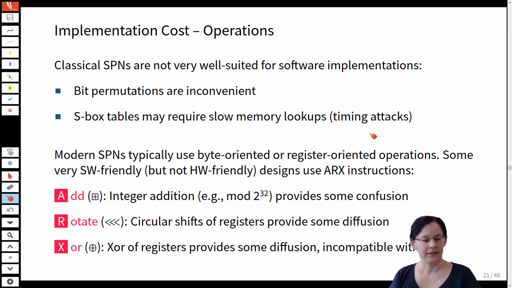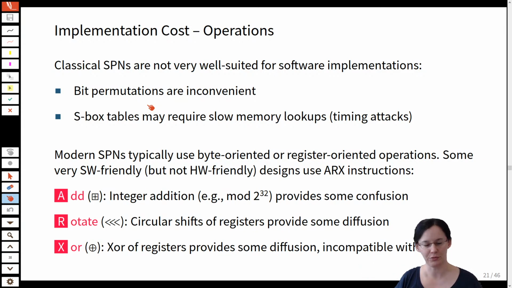Okay, are there some other things we can say about the implementation cost? Well, if you think about having to implement this sort of thing in software, then you may already have wondered, how on earth am I supposed to implement these bit permutations that we saw in the case of PRESENT? This is really inconvenient because in hardware, this is super easy. You just have your wires and that's it.